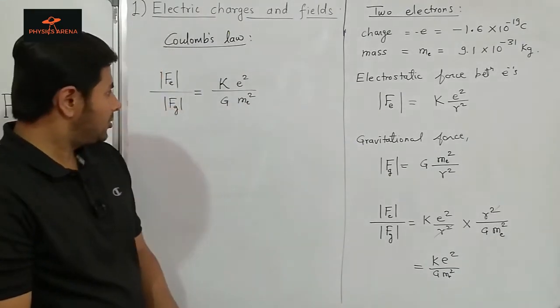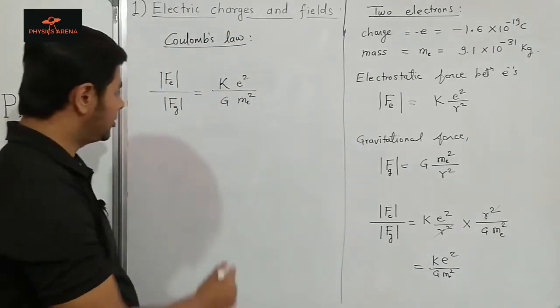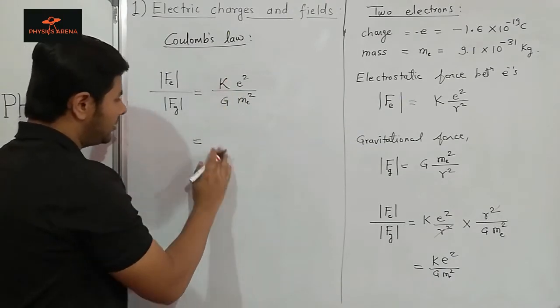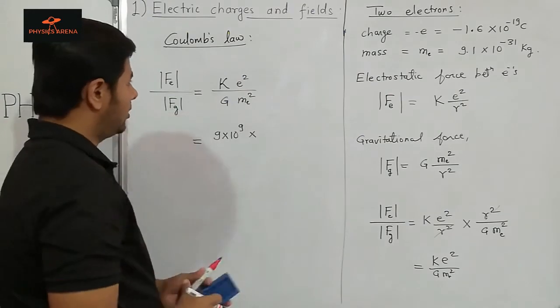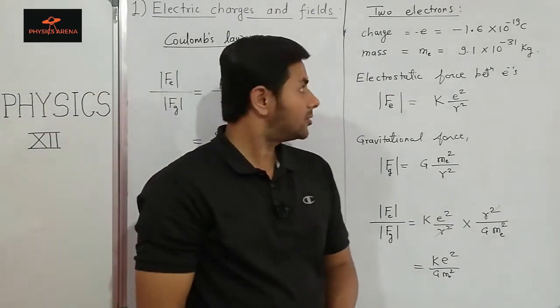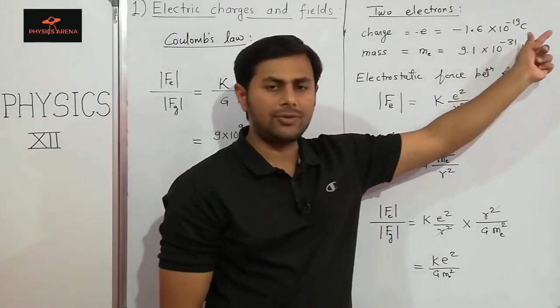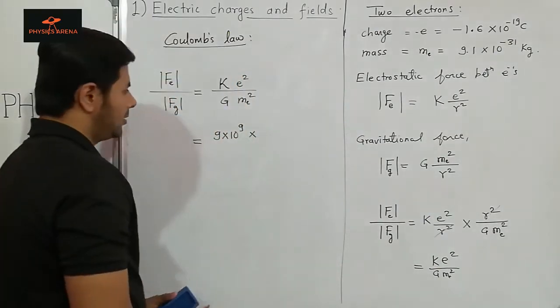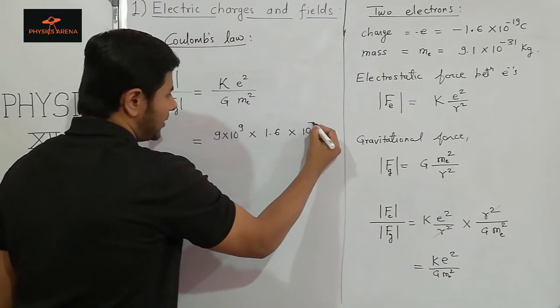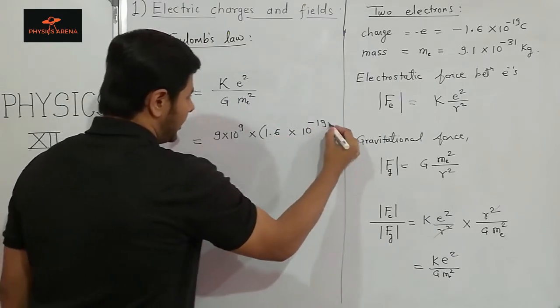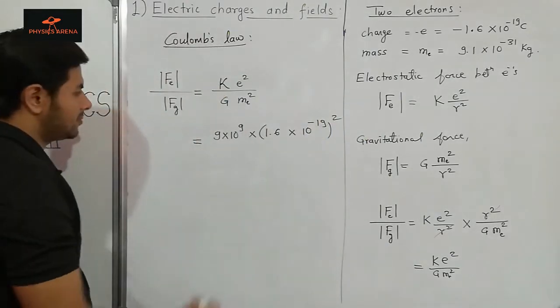Now let us substitute all the values. So we know that K is 9 into 10 raised to 9 and e is charge on electron, so it is 1.6 into 10 raised to minus 19. So this is 1.6 multiplied by 10 raised to minus 19 and there is square of that.